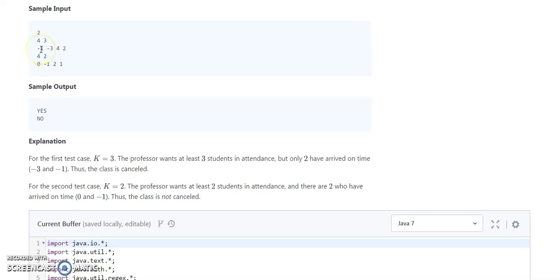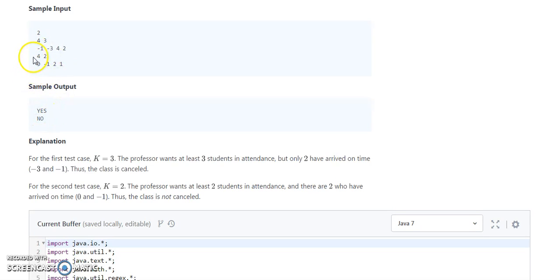The negative numbers mean those students arrived before the class started. The professor expects at least 3 students in the class, but as per the data there are not 3 students on time. So the class is cancelled, and we print YES.